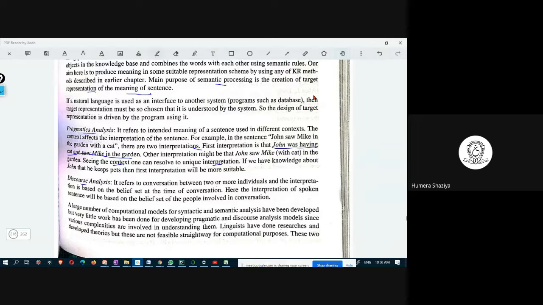Discourse analysis refers to conversation between two or more individuals and interpretation based on the belief at the time of the conversation. Based on the conversation, an example is, there is a mother and there is a son.